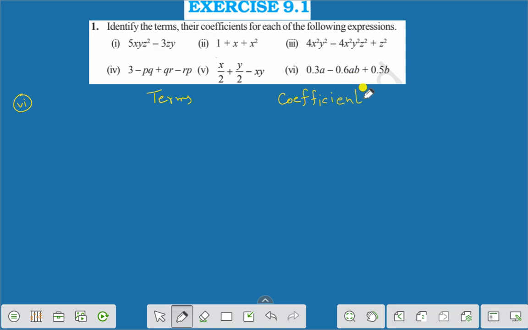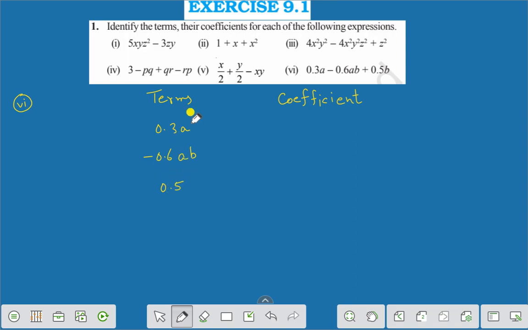Numerical coefficient or coefficient. Right? First term is 0.3a. Second term is minus 0.6ab, and the third term is 0.5b.